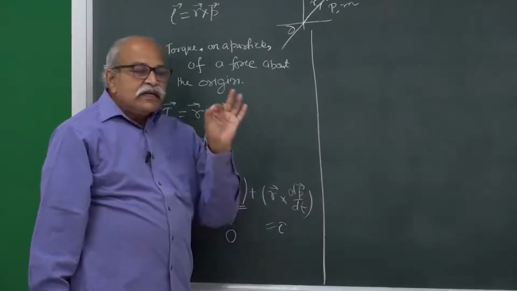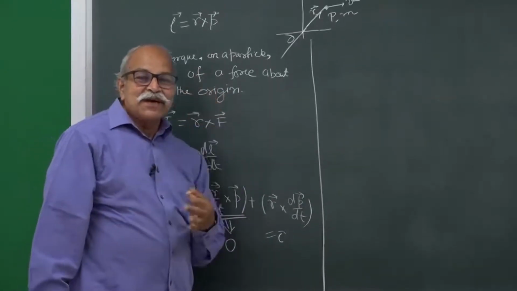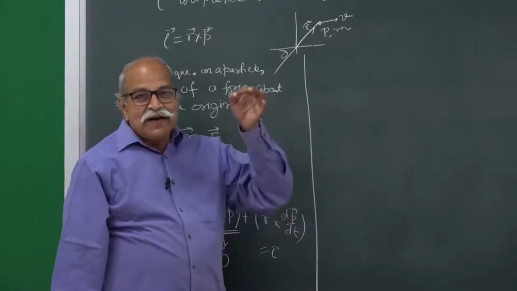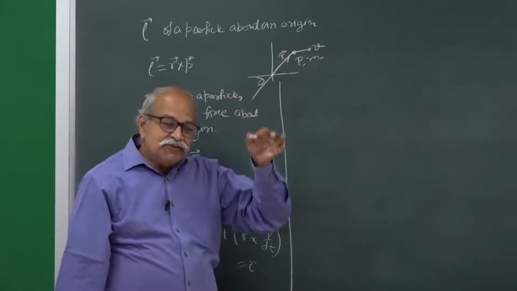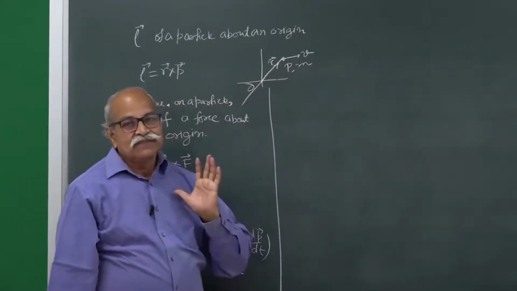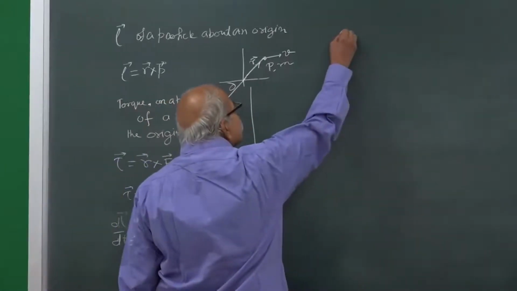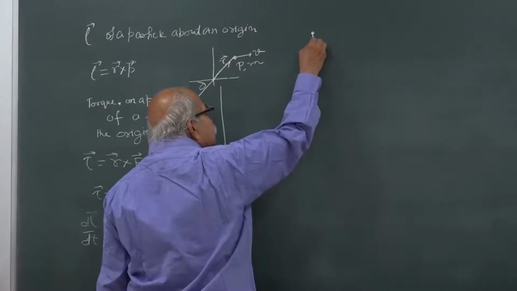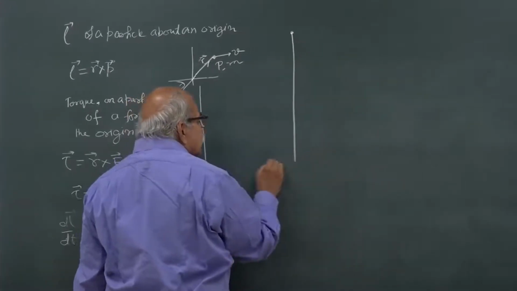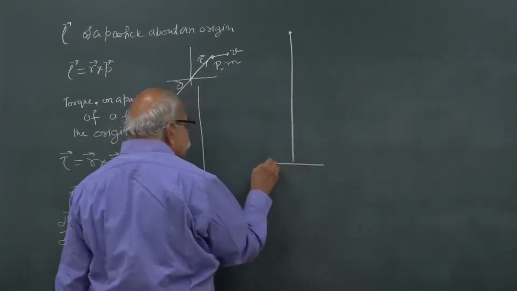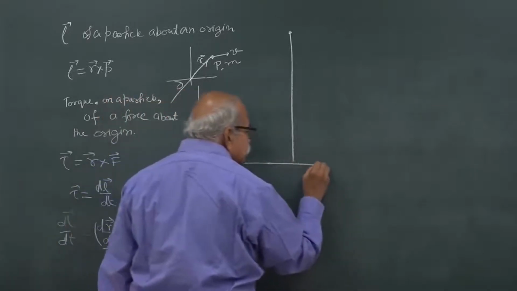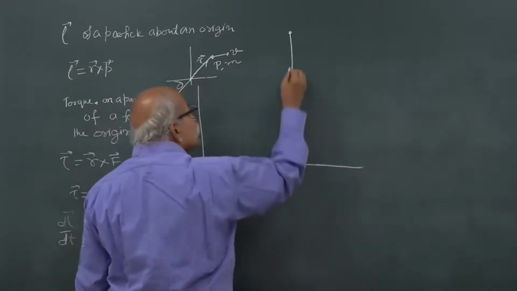Now, let me take a very common, simple example, a particle freely falling under gravity. So, a particle is dropped, and then it falls on a vertical line, and then it reaches the ground.